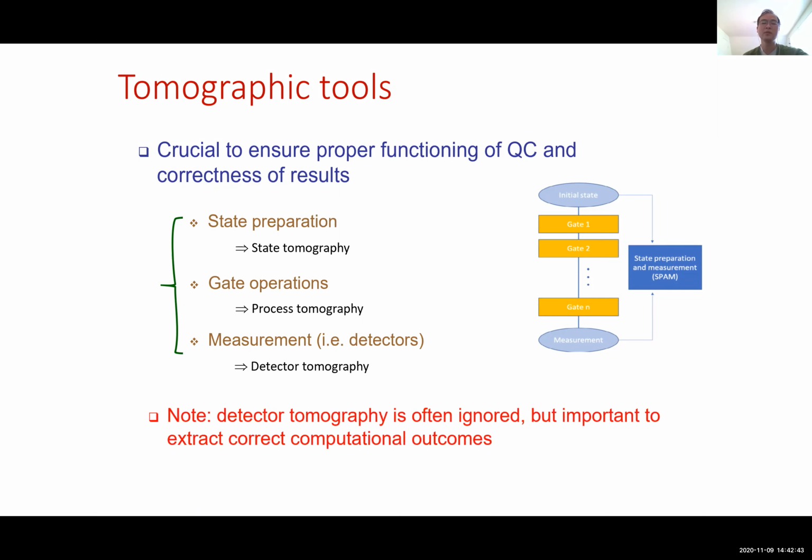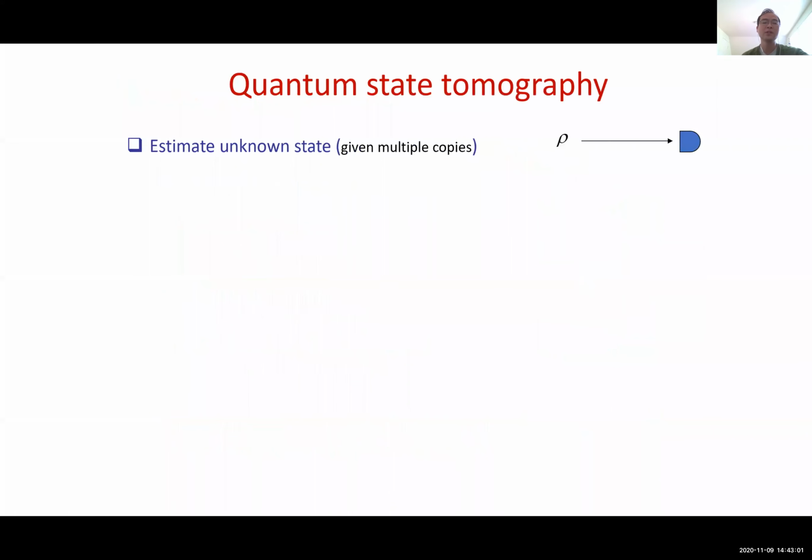Let me review some of those from the last lecture. The last one is detector tomography. I already mentioned this in the error mitigation in the topic on quantum error correction, but I'll emphasize that again later.